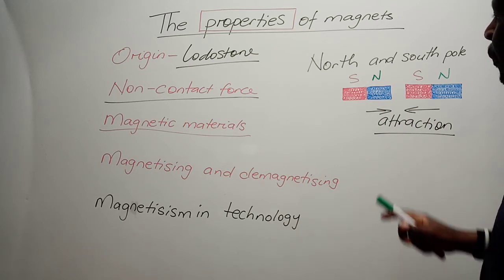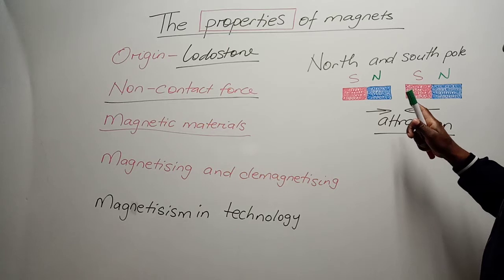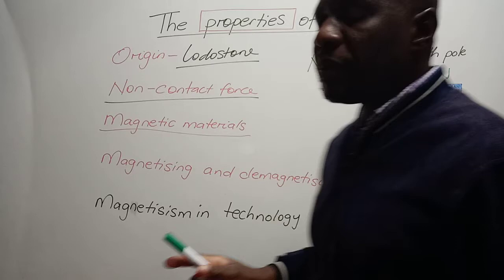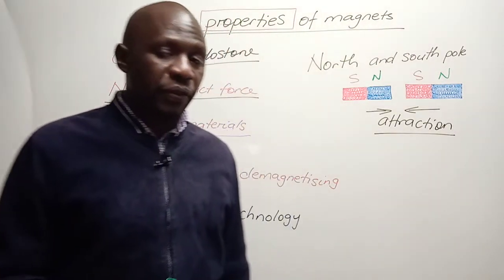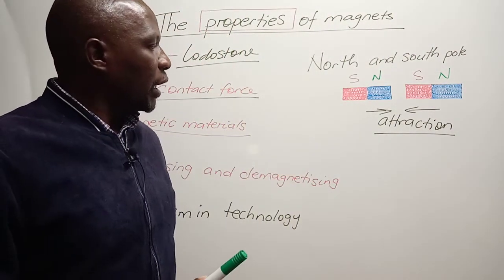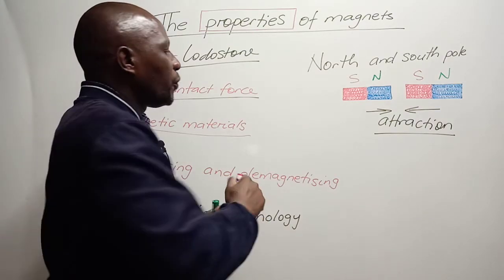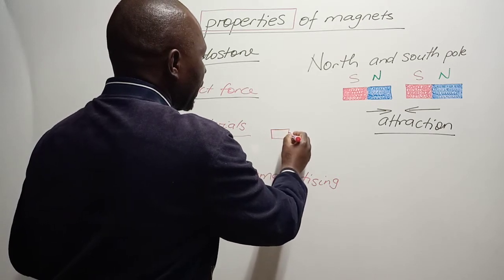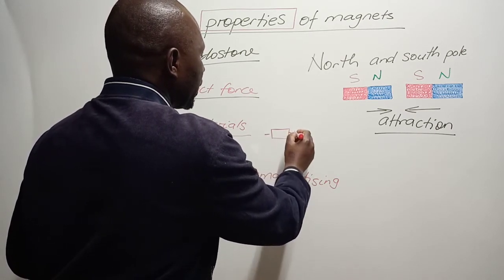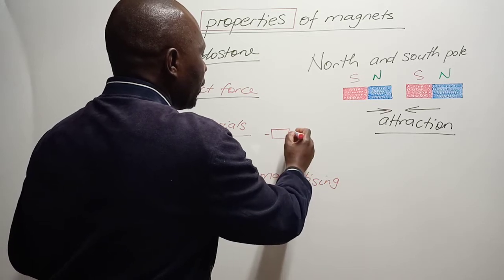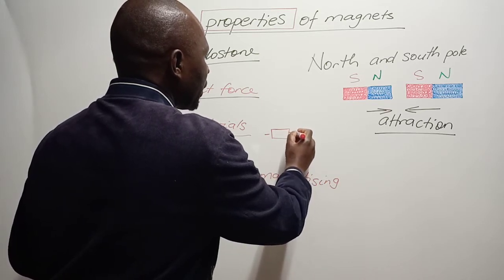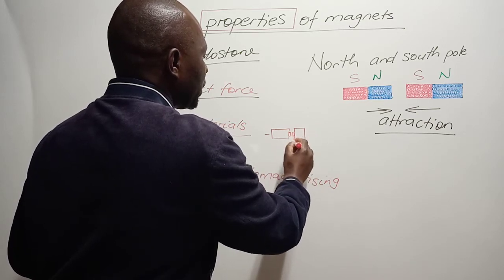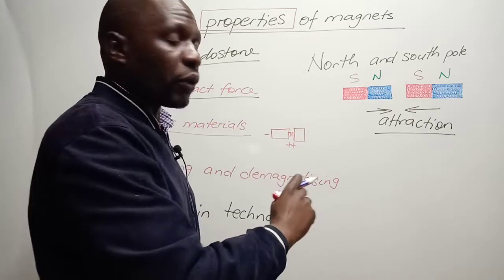Okay, the explanation that is behind the attraction and the repulsion is this. The magnetic field behaves similar to the electric field, right? So if you take two batteries, and this is the negative and this is the positive, if you connect the positive to the positive like that, electricity will not flow.